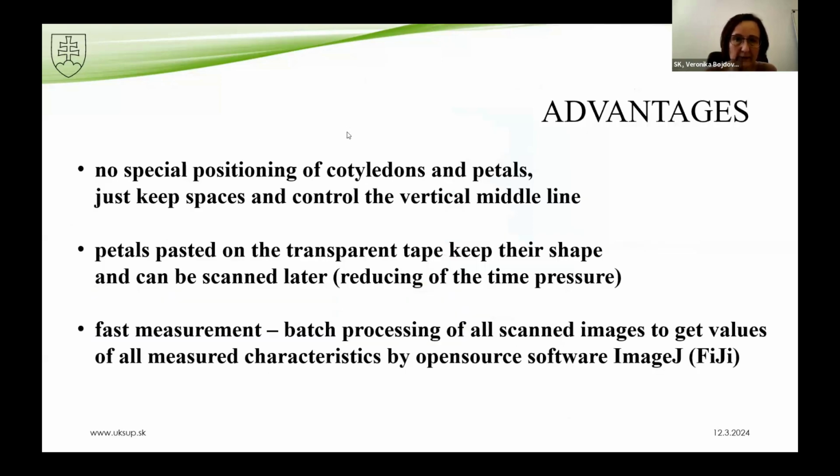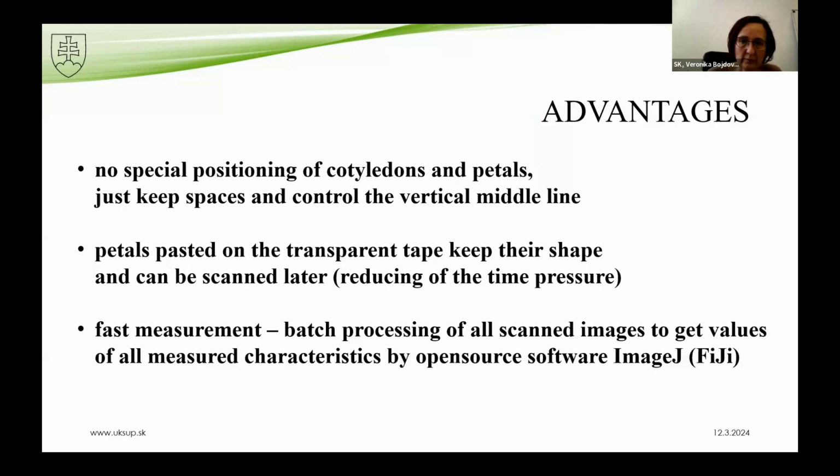At the end, let me briefly summarize the advantages of image analysis for the DUS examination of rapeseed. There is no need to keep an exact position scheme for the cotyledons or petals that we use for scanning.